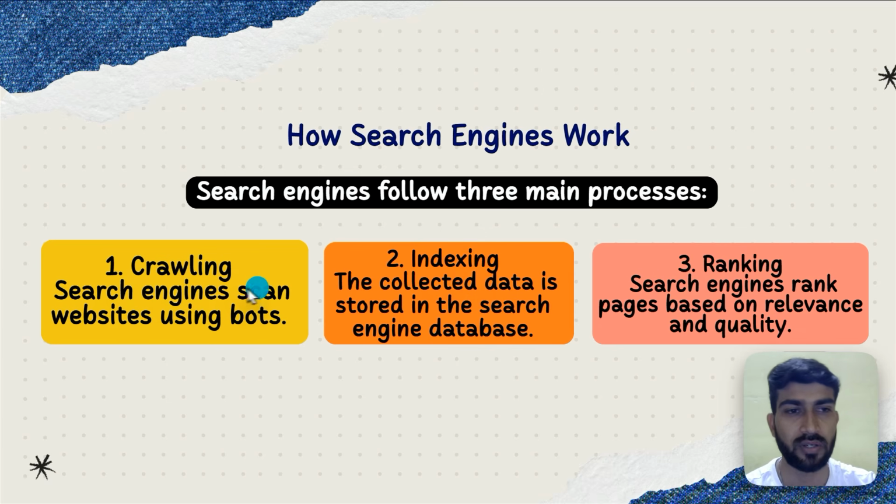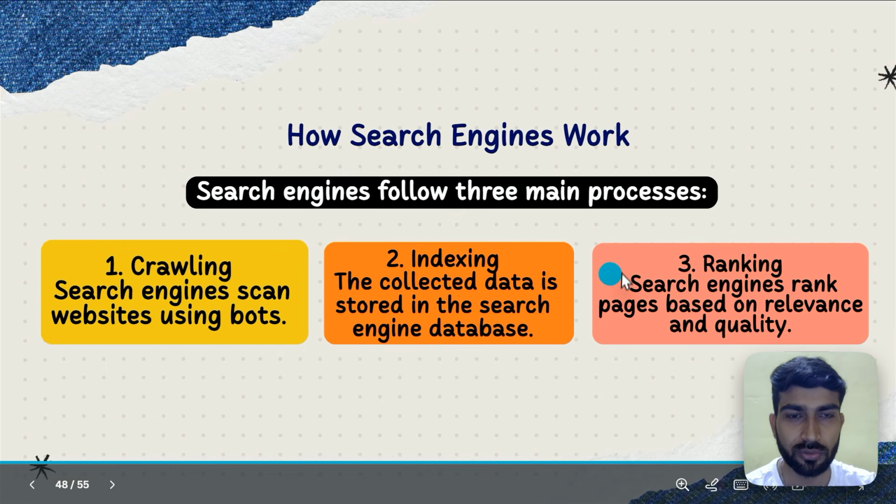Crawling means what? Let's understand this with an example. Consider there are lakhs of websites on Chrome, right? Then how does Google prioritize which website should be kept on the first page, how is it calculated? This is also important, right?